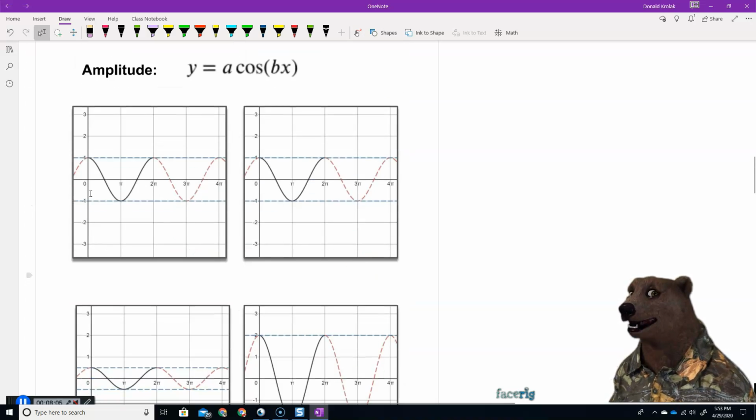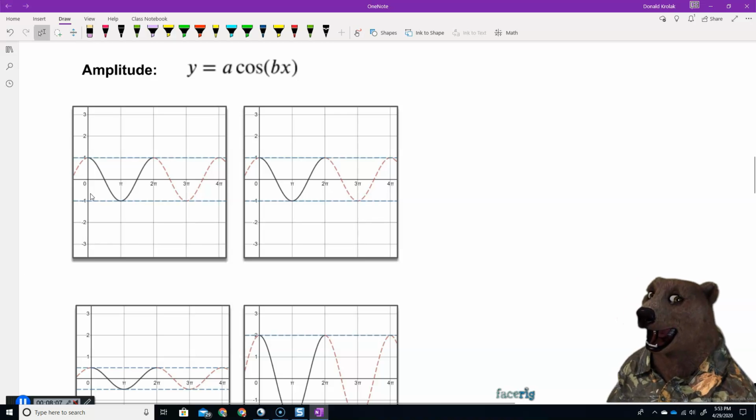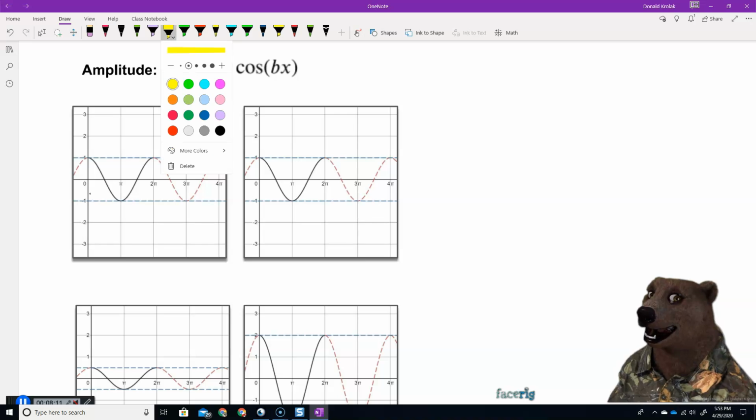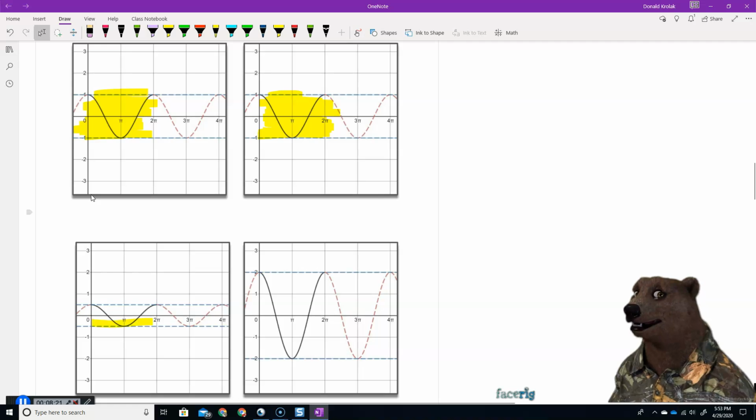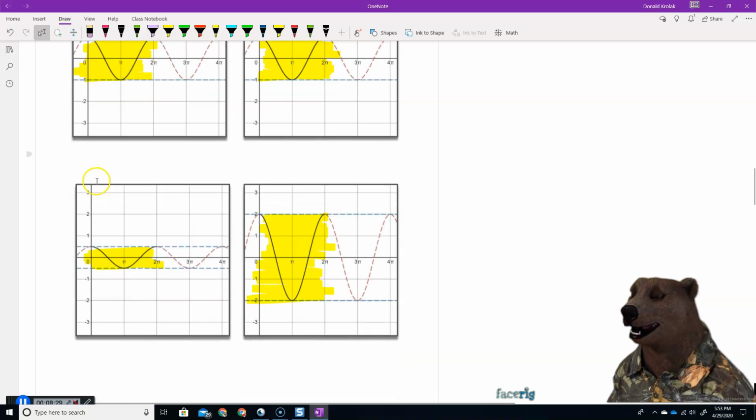Okay, now here with cosine, remember our cosine started at its max and its period is 2 pi. So here's the distance, the interval 2 pi, and you can see on all of these we see just one cycle of cosine in that shaded area.